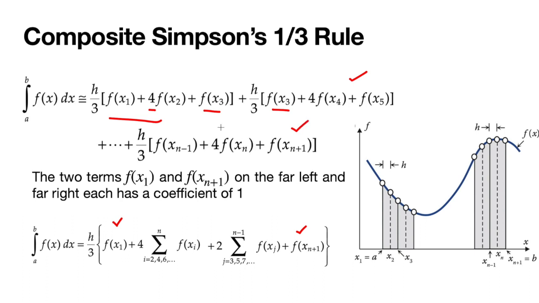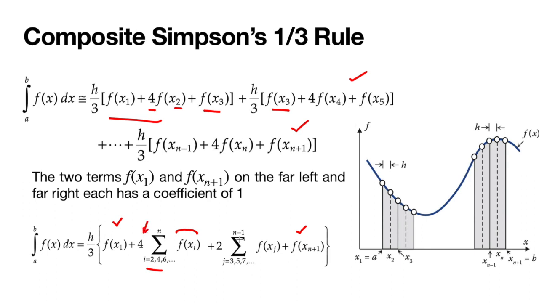But you can see that the multiples of 2, for example f of x2 and f of x4, similarly f of x6 will be multiplied by 4. So we can put the summation where I can move from 2, 4, 6, for example the multiples of 2 are multiplied by 4.